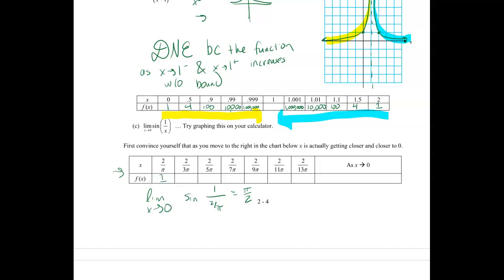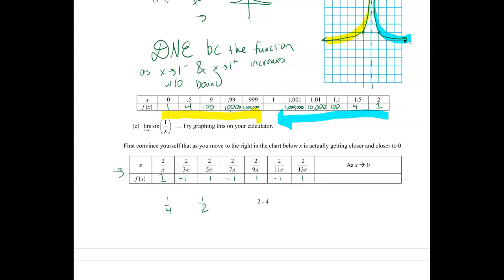Same type of deal: I'd go around my unit circle and find that's going to be negative 1. 5 pi halves would end up being at 1, negative 1, 1, negative 1, 1. And as we are getting closer and closer to 0, because 1/4 is much closer to 0 than 1/2, so 2/13 pi is much closer than 2/pi.